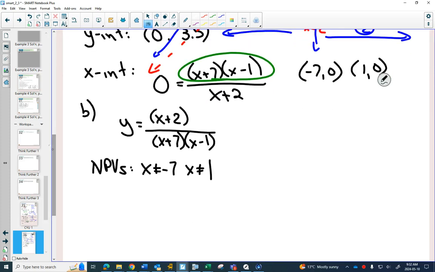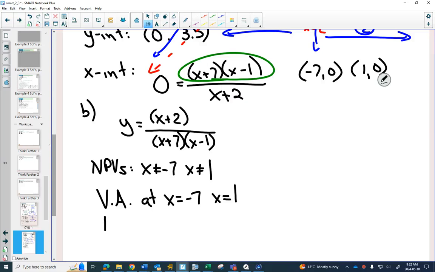And we have to decide if those non-permissible values are holes or vertical asymptotes. And since they don't cancel out, well, I was really careful this time, and I remembered my name. So we have vertical asymptote at x equals negative 7 and x equals 1.